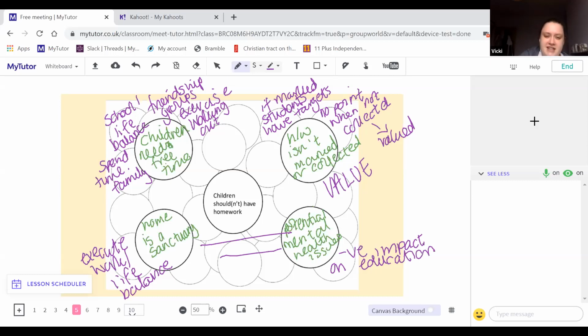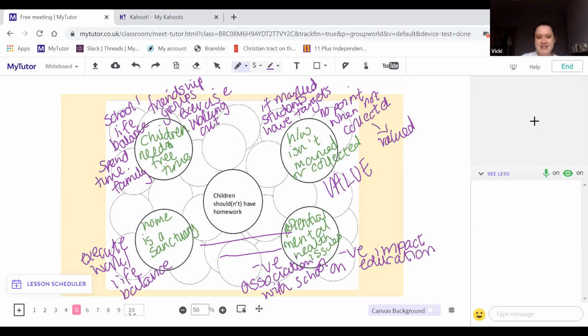It could create a negative association with school. So there's loads of ideas that can potentially come underneath the bubbles of those types that we've given there. So we've got absolutely loads of stuff that we could potentially argue for.